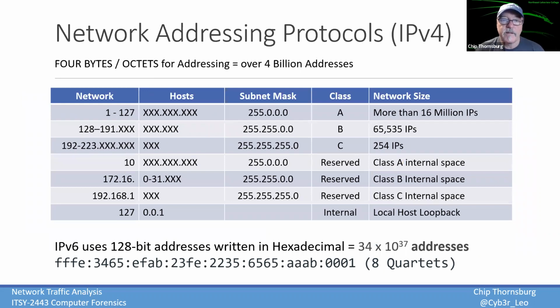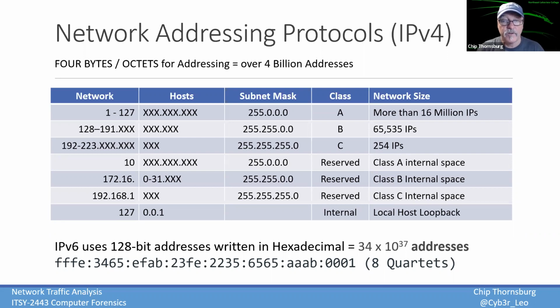We mentioned the IP protocol, Internet Protocol, our addressing. IPv4, version 4, has 4 octets, right? 4 bytes for addressing, which gives a little more than 4 billion addresses. Some of the classes that we should recognize when we look at network traffic analysis: if the first byte is 1 through 127, that should be a Class A network.